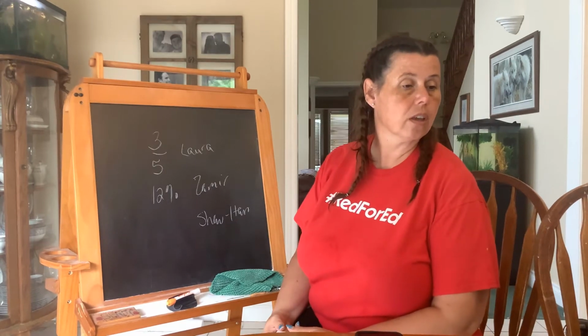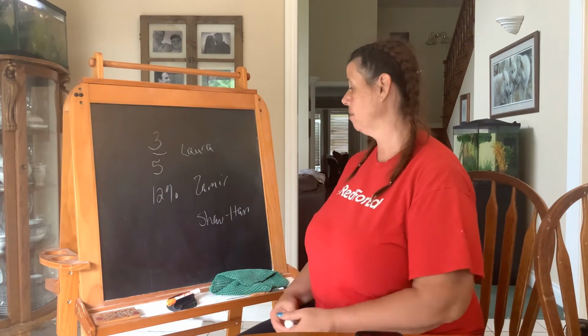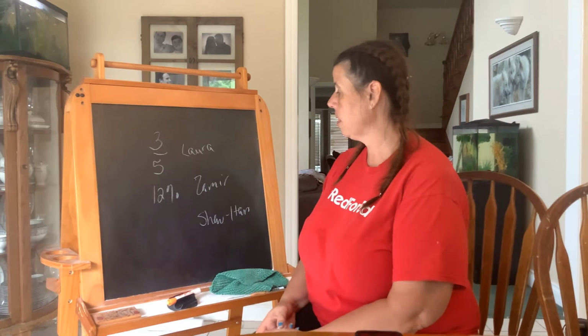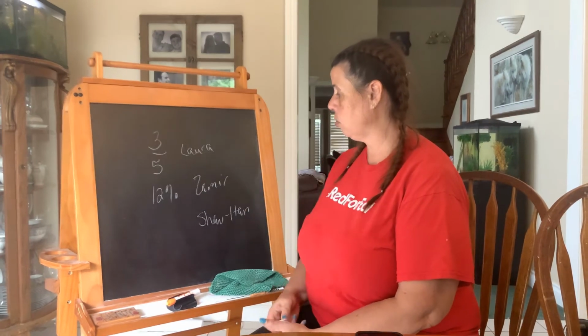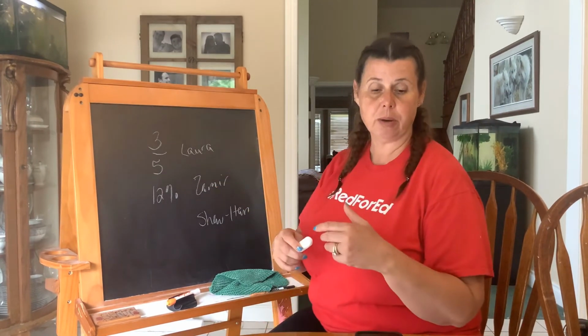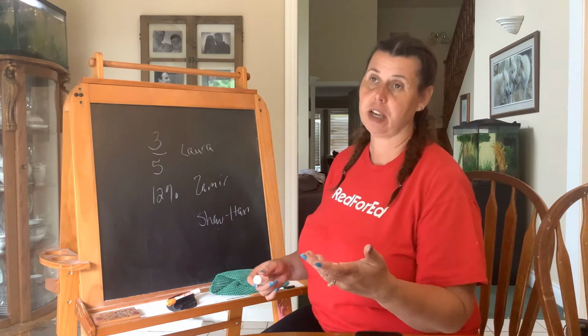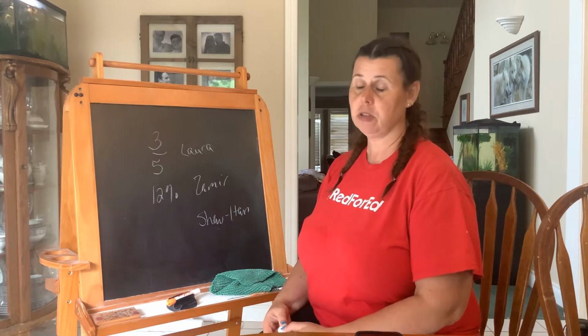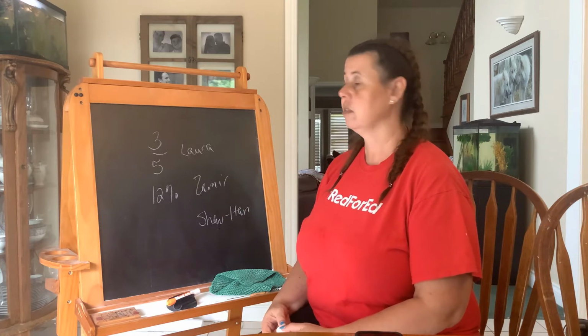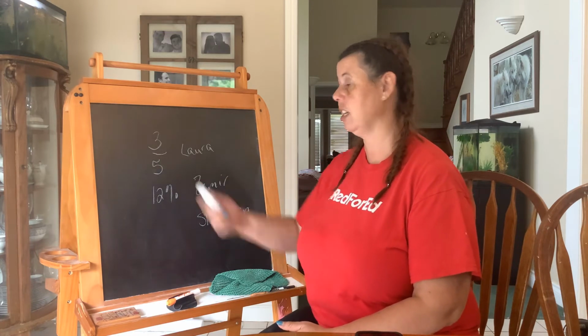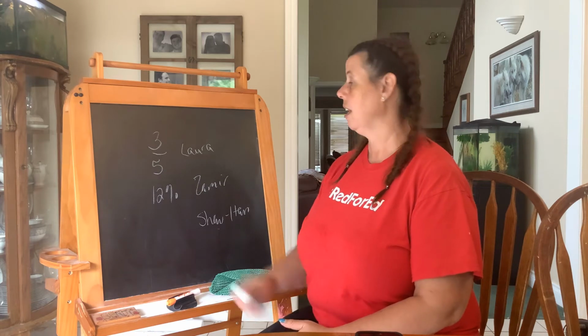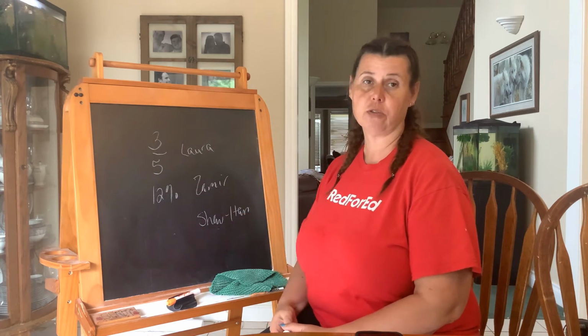Okay? What percent voted for Shaham? So, we got a couple of options. We could change this back to a fraction and then get common denominators and figure out what Shaham's fraction was and then change that back to a percent. You could absolutely do that, but it's quite a bit of work. The easier thing would be to change this to a percent. Add those up, find out what's left over for Shaham.